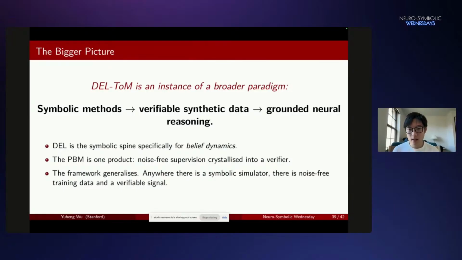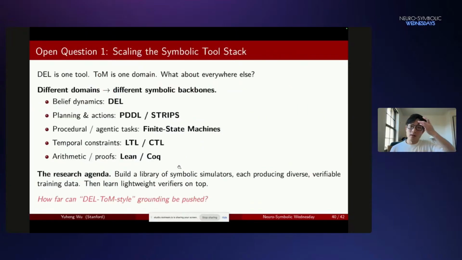So DEL is a symbolic spine specific to belief dynamics, and the PBM is one product: noise-free supervision that we embed into a verifier. It seems that this framework generalizes, right? Anywhere there's a symbolic simulator, there's noise-free training data and a verifiable signal.